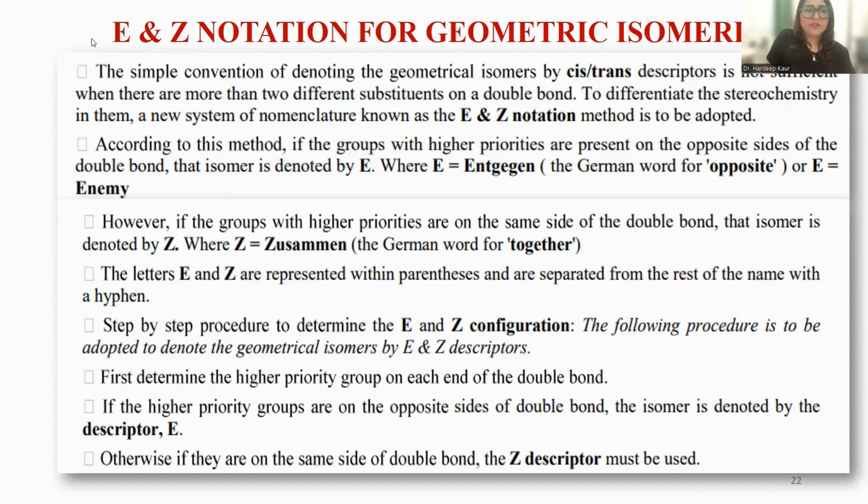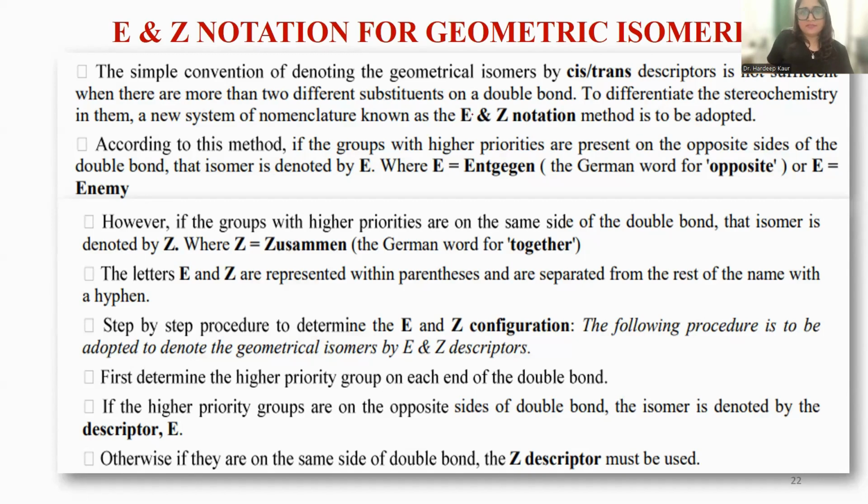Now we have seen what cis and trans are, but here we will talk about E and Z notations for geometrical isomers. If there is cis and trans, then why is there a necessity for E and Z notation? I'll let you know how cis and trans are different from E and Z, whether both are used for the notation of geometrical isomers.